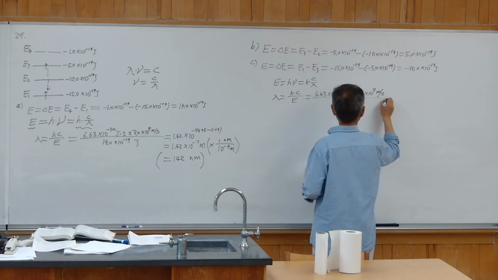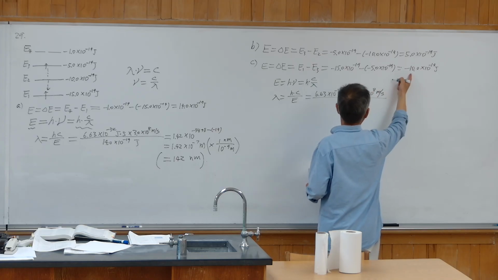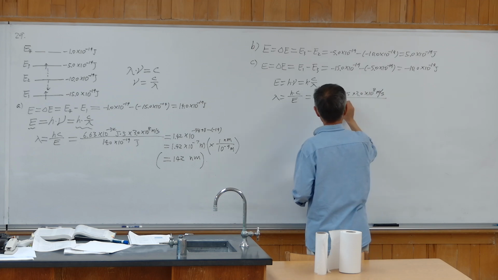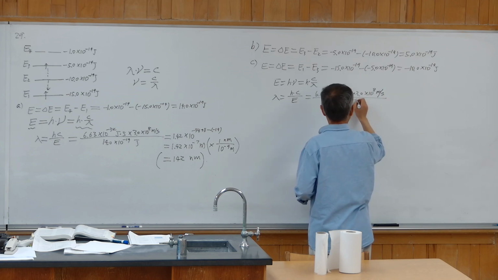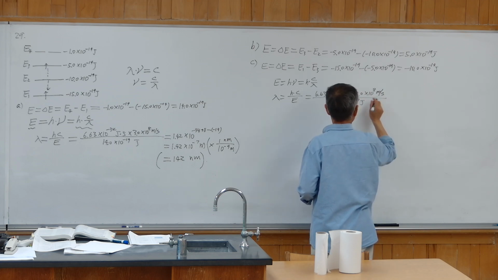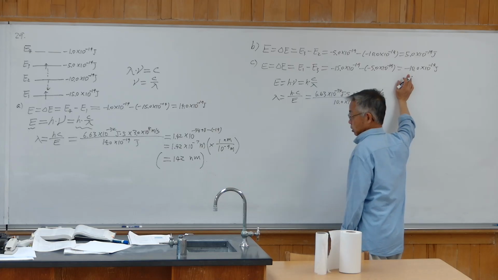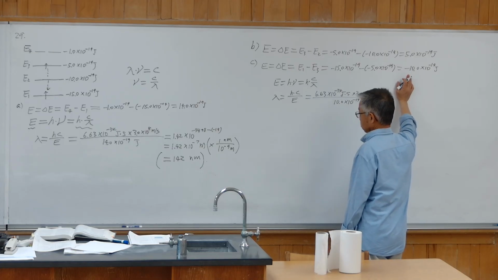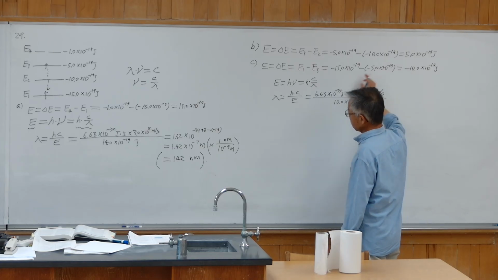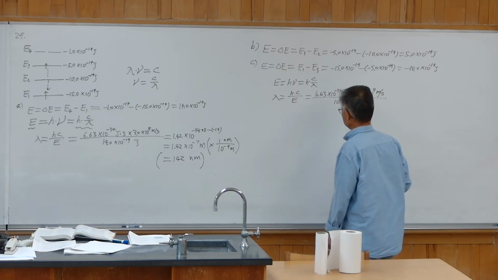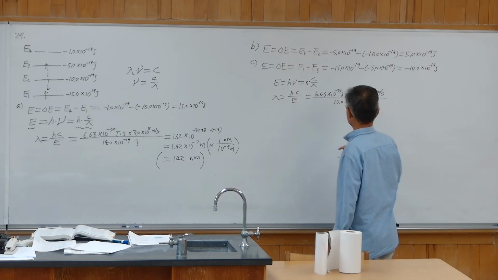And E is the one we just calculated, but only put the absolute value there, because the negative sign only tells you this is released energy. Plus, wavelength or frequency cannot be negative, so don't put a negative sign there.